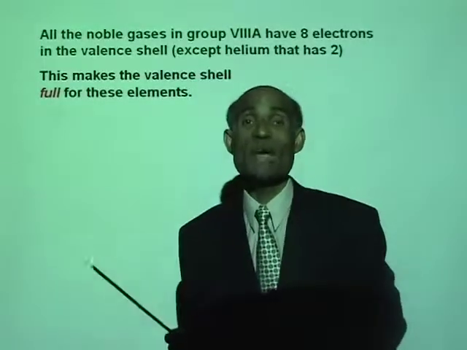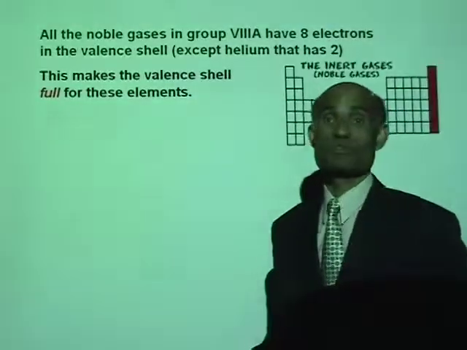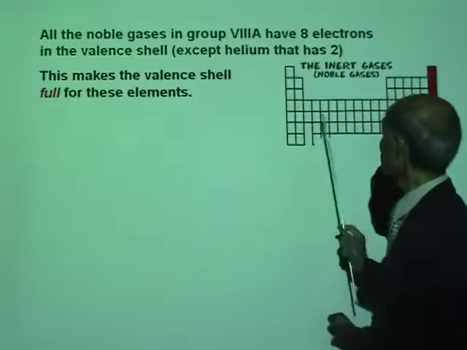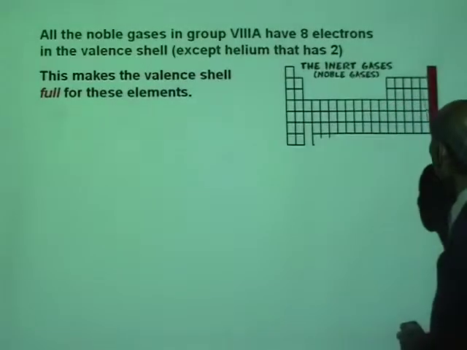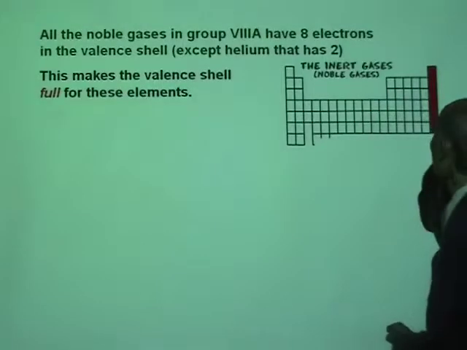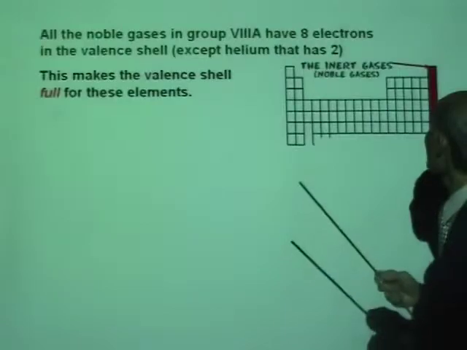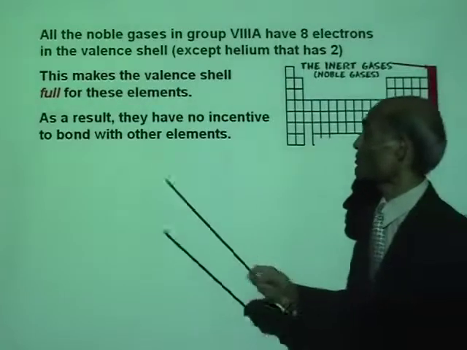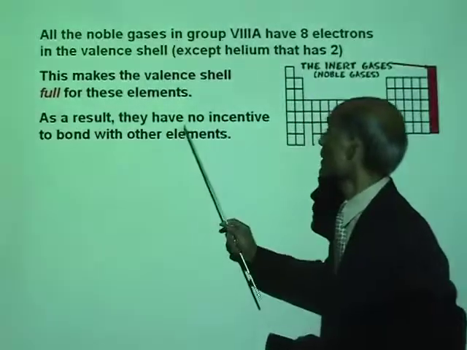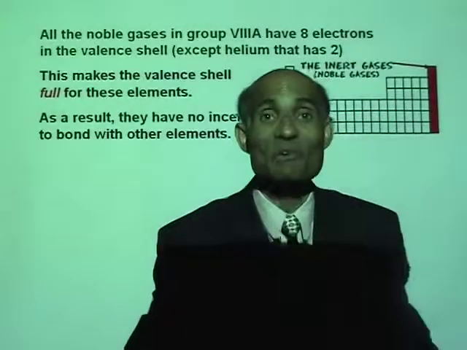A full valence shell should have 8 electrons in the outer shell. So all the noble gases or the inert gases have the outer shell full with the full complement of 8 electrons. As a result, they have no incentive to bond with other elements.